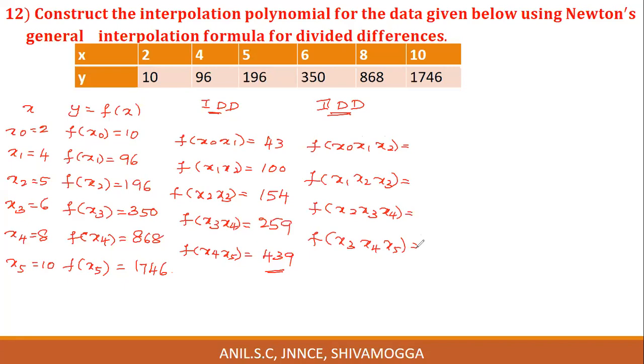Second order differences: 19, 27, 35, 45. It's 45, right? These are second order differences: 19, 27, 35, and 45.